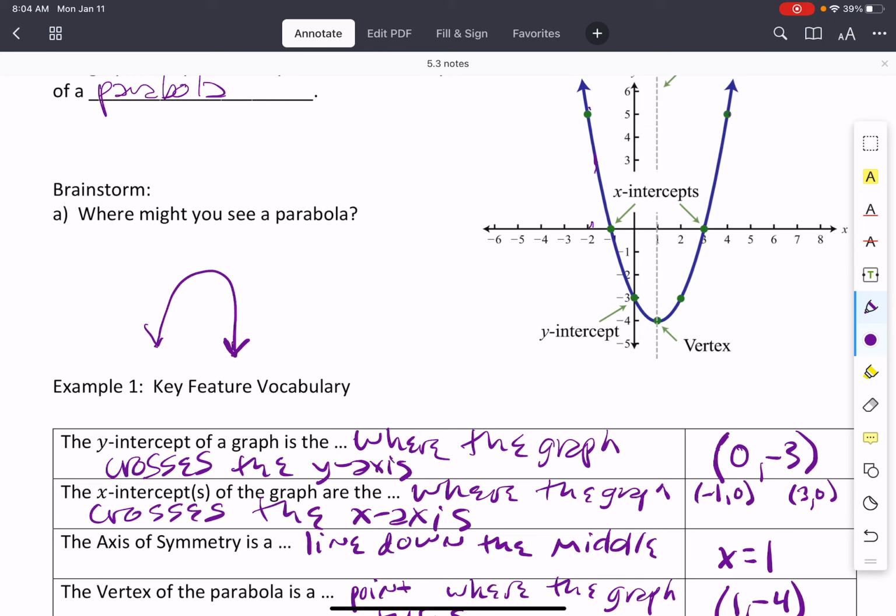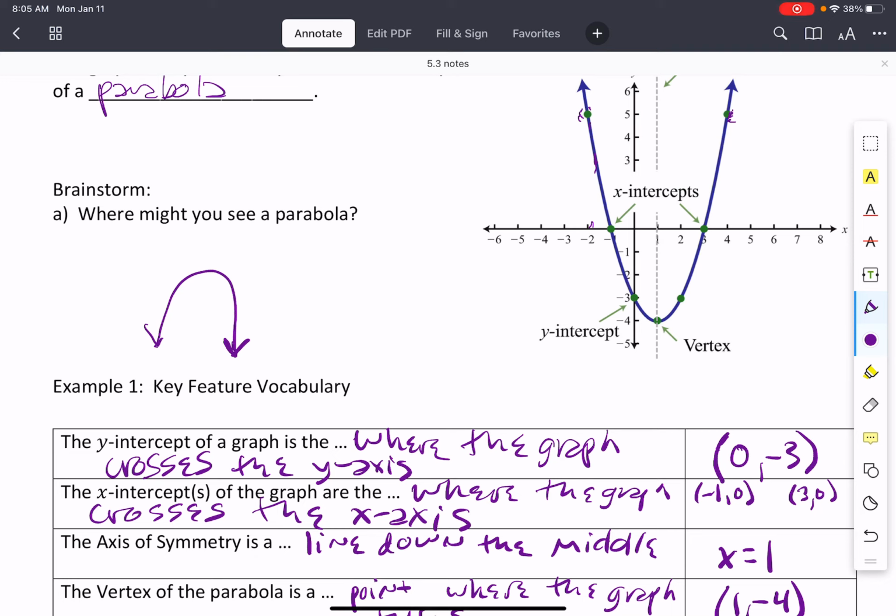I have 2 of them, right? If I wrote this point, it'd be 4, 5. That one would be negative 2, 5, right? Is there a point on this graph that has a y coordinate of negative 5? No. Notice the minimum of the graph is negative 4, right? So there's no y coordinates lower than that. Does that make sense? Everybody with me?